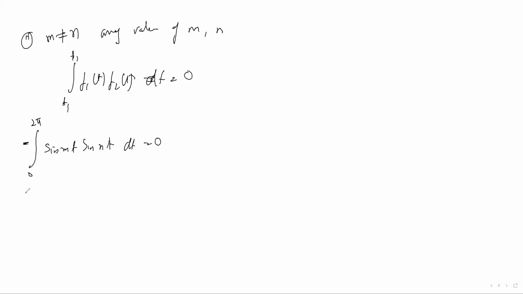So what is the formula for sin A and sin B if sin A sin B is given? Over 0 to 2 pi, if sin A and sin B is given, then you can write half of sin(A plus B) plus sin(A minus B) dt. That you can write if sin A sin B is given.